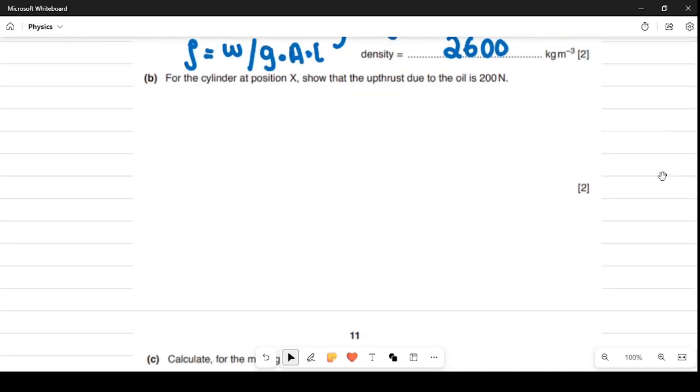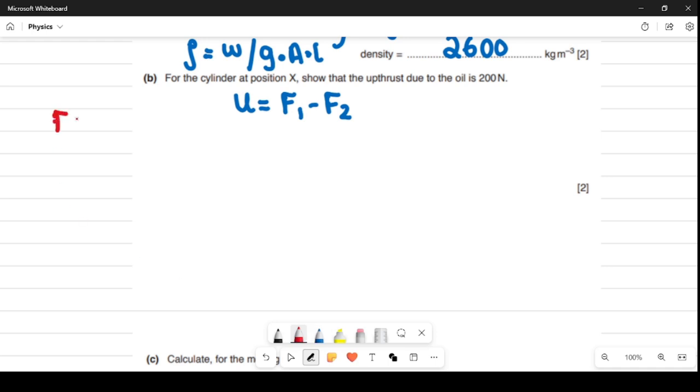Okay, moving on. For the cylinder at position X, show that the upthrust due to the oil is 200 newtons. So upthrust is equal to force 1 minus force 2. Force can also be written as pressure into area. Therefore, upthrust is equal to pressure 1 area 1 minus pressure 2 area 2.